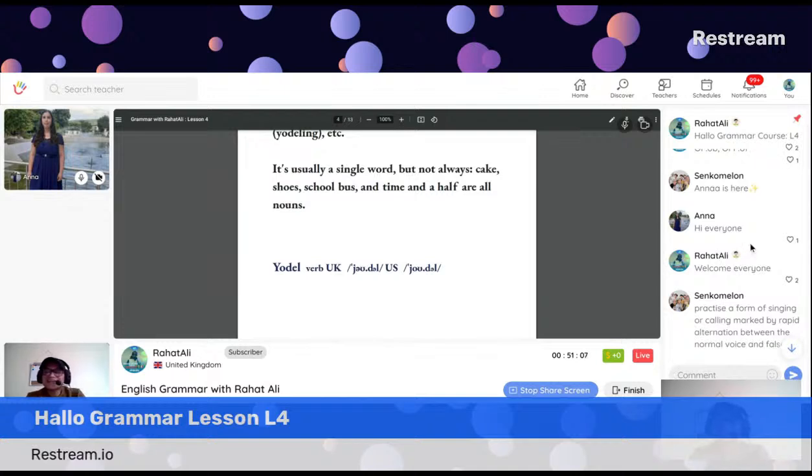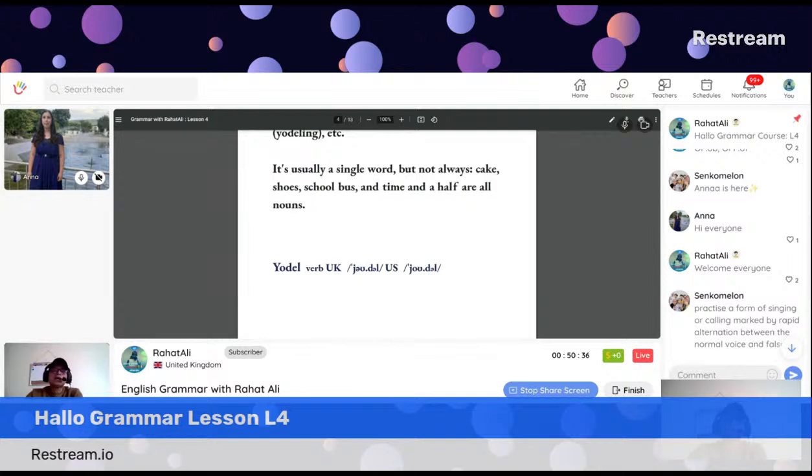Sanka has written: a form of singing or calling marked by rapid alteration between the normal voice and a higher one. For example, if you're singing like this, yay! Now suddenly my tone has gone up. So yodel is a kind of singing where suddenly you feel a high tone or a lower tone. We call it yodel simply.